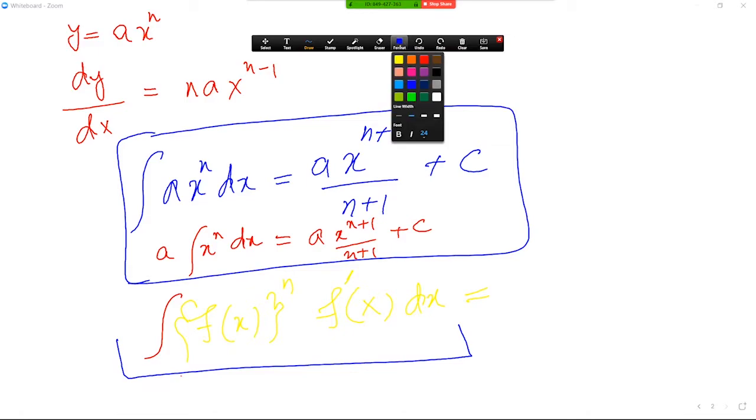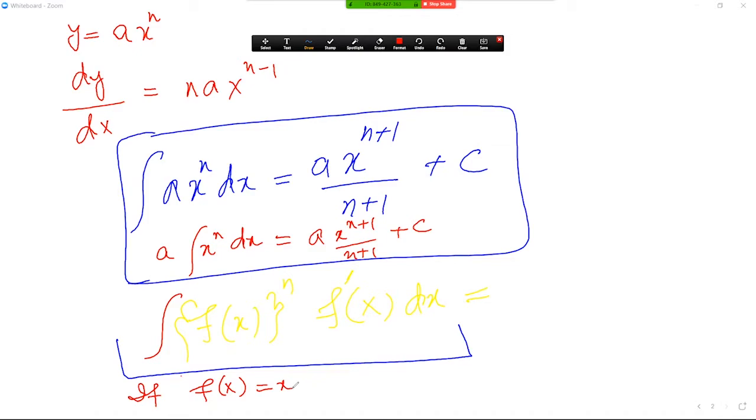I take a red color. You see, if f(x) is equal to x, then the above formula becomes what?